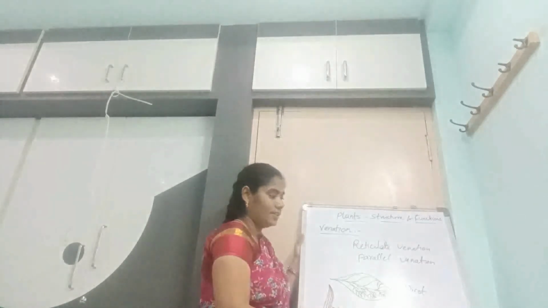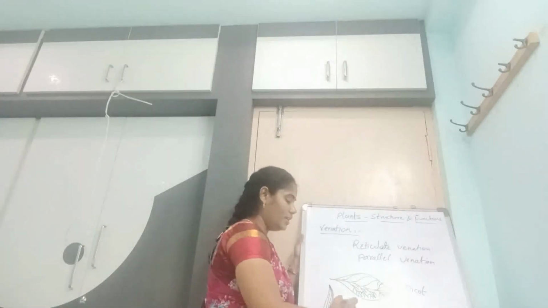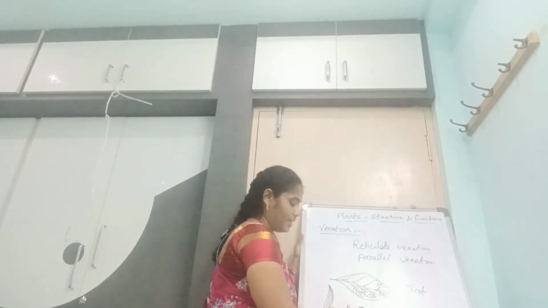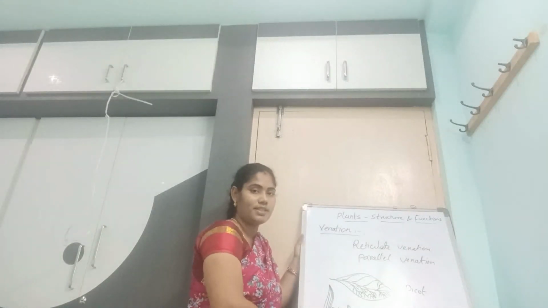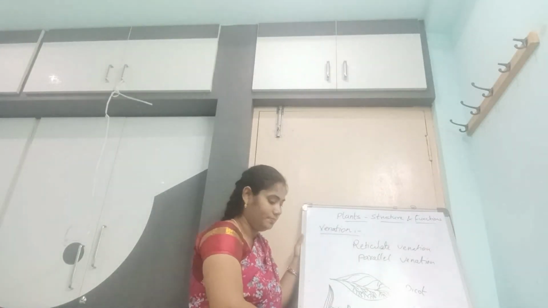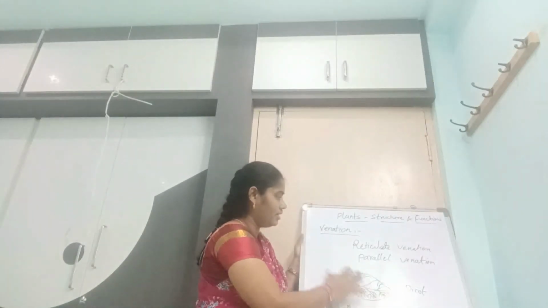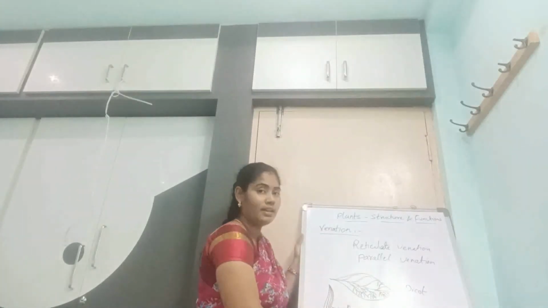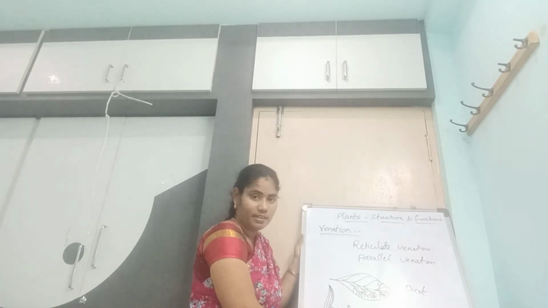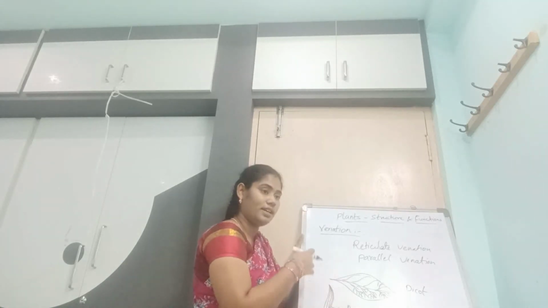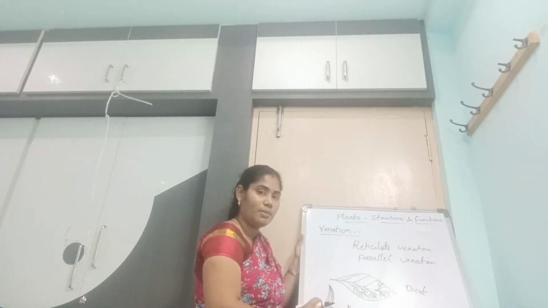That type of venation is called parallel venation, mostly seen in monocot plants.